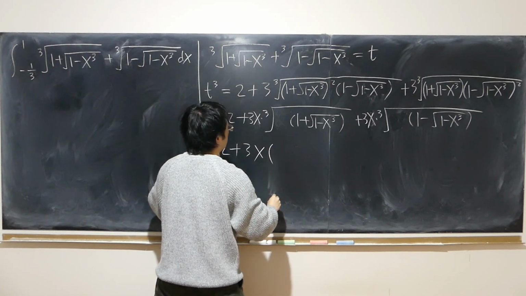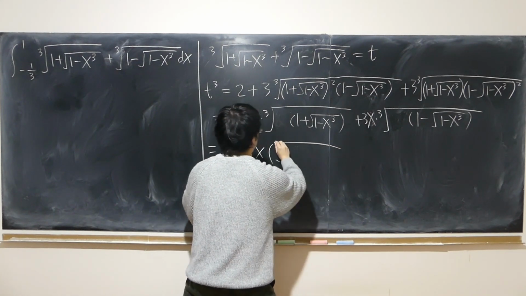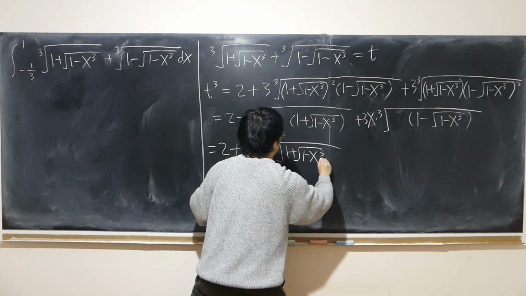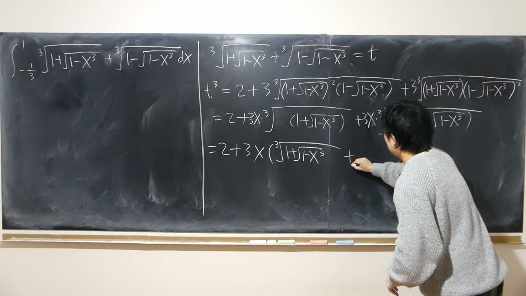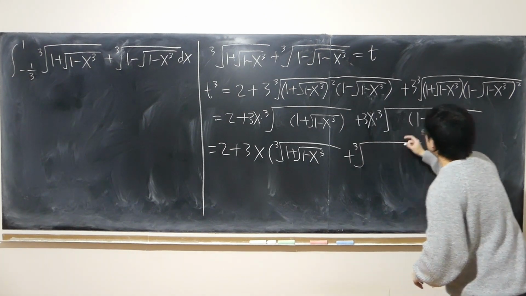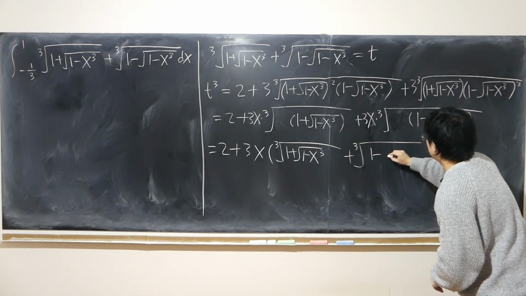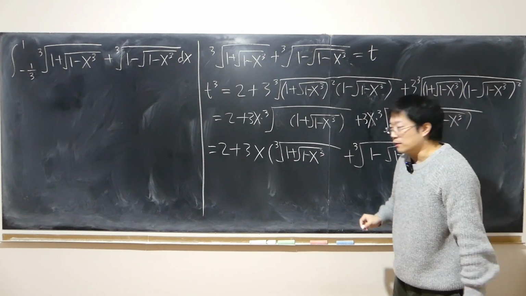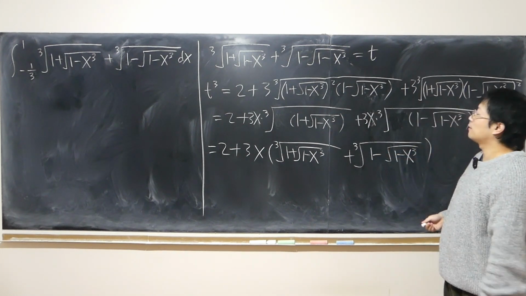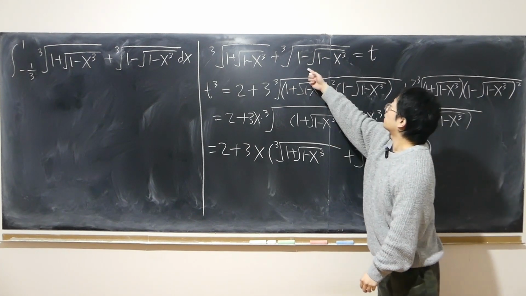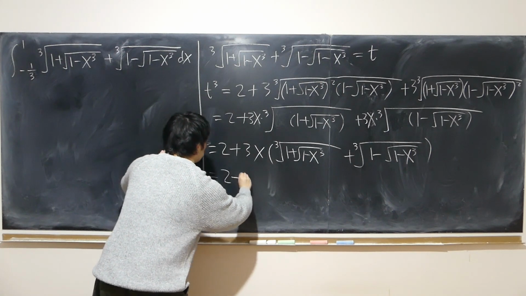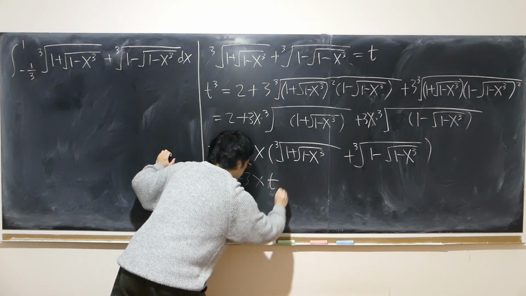I'm left with the cubic root of 1 plus the cubic root of 1 minus. But this is exactly t again. So 2 plus 3x times t.